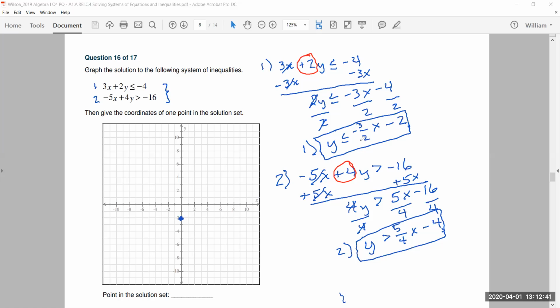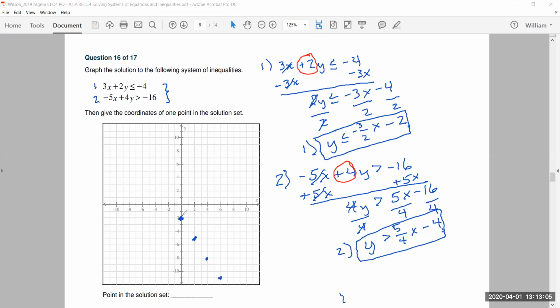And -3/2 is our slope. So it's a negative slope, so it's going to go generally from the top left to the bottom right. So we'll go down 1, 2, 3, and to the right 1, 2, and there's our other point. And we can keep doing that: down 1, 2, 3, and over 2, down 1, 2, 3, and over 2.